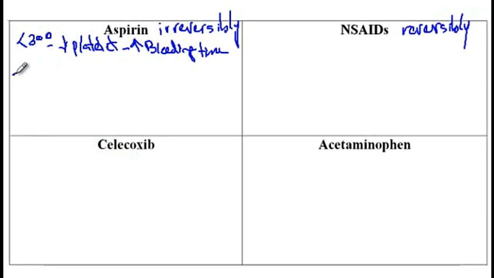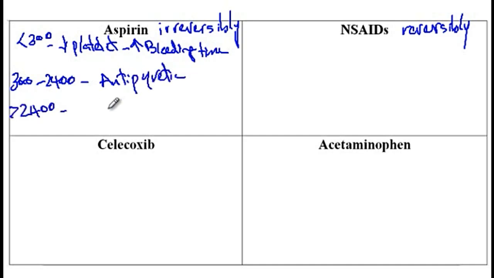Then the higher doses like 300 to 2400 milligrams are good for its antipyretic properties, while above 2400 is used for its anti-inflammatory properties. And then all of these medications are also controlling pain by decreasing the levels of prostaglandin E2.